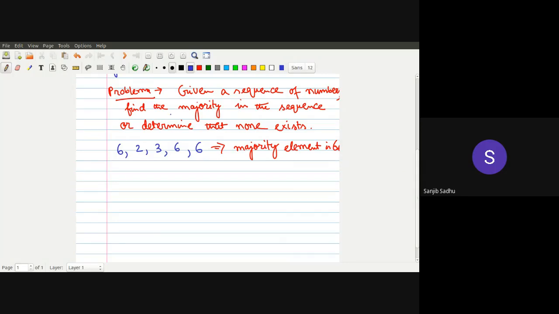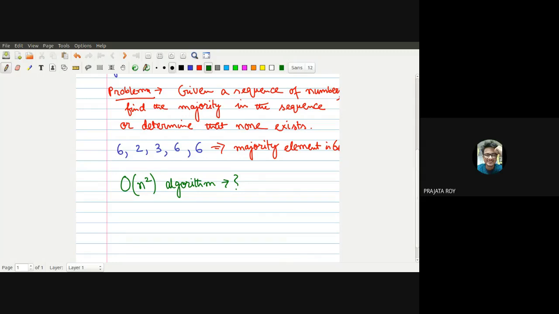So if I ask you, can you design a big O of n square algorithm for this, how can you do it? Tell me. A very simple big O of n square algorithm.